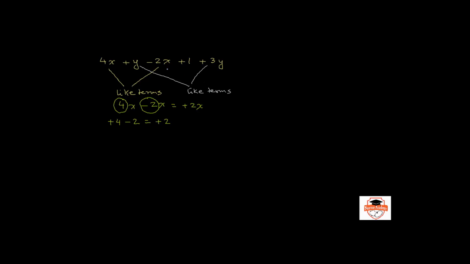Similarly, y plus 3y, y is a 1y, 1y plus 3y should be combined by adding the coefficients, both of which are positive. Positive 1 and positive 3 gives us positive 4. Therefore, y plus 3y is positive 4y.